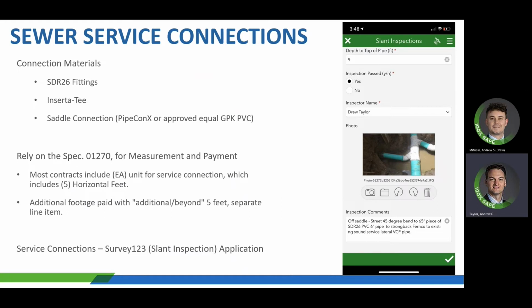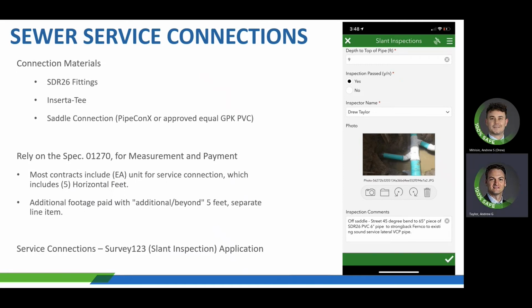Sanitary service connections. There are a few different connection materials, as you've probably seen. There's PVC SDR26 pipe fittings, inserta tees, and saddle connections. With the saddle connections in particular, it's important that the contractor is removing all of the VCP clay hub pipe before they place the bands of the saddle connection.